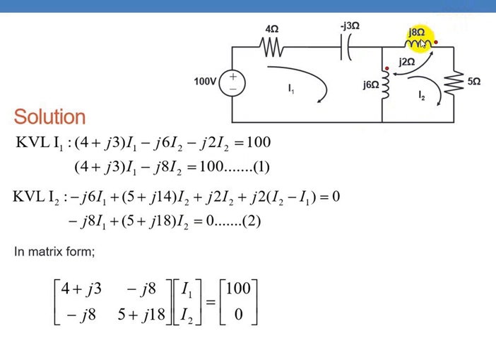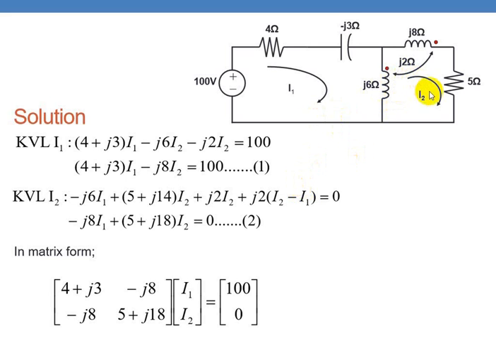Next, while writing the voltage drop due to mutual inductance for this coil, again it will be the mutual inductance reactance, j2, and what is the current flowing in this? It is I2 minus I1. So j2 into I2 minus I1. What about the polarity?